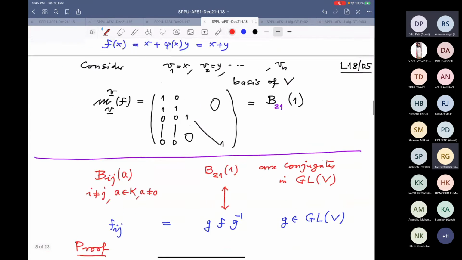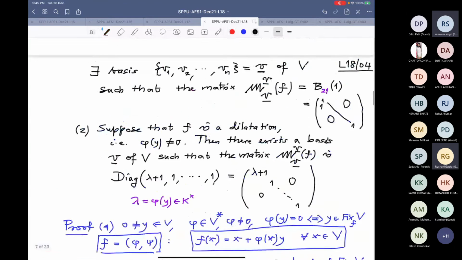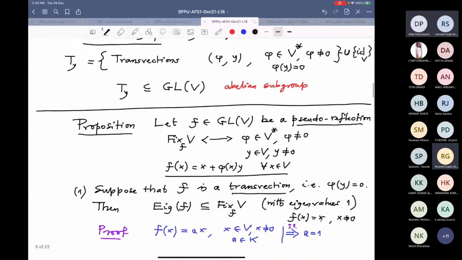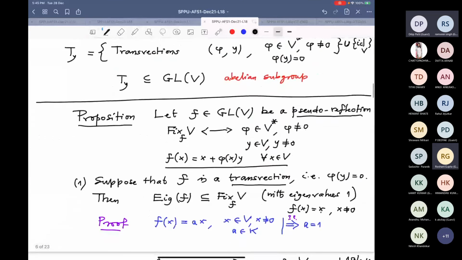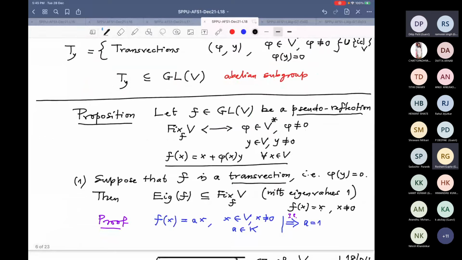So don't forget our aim. What is our aim? Our aim is to study the group of transvections where this y is fixed, and I want to show that it is an abelian group. So I should write some formula.